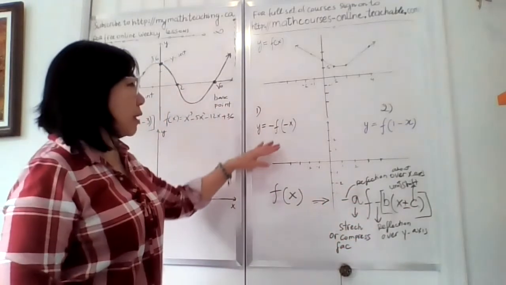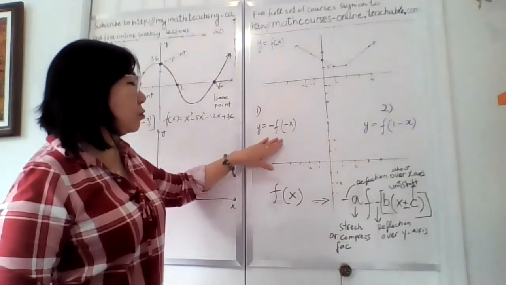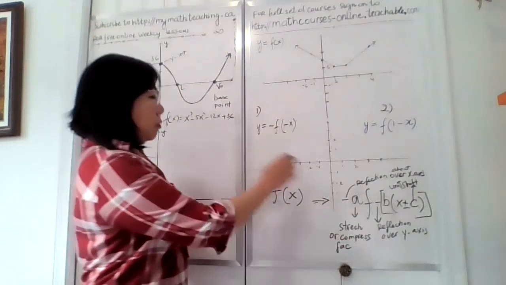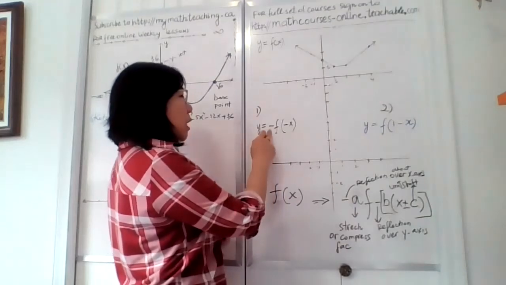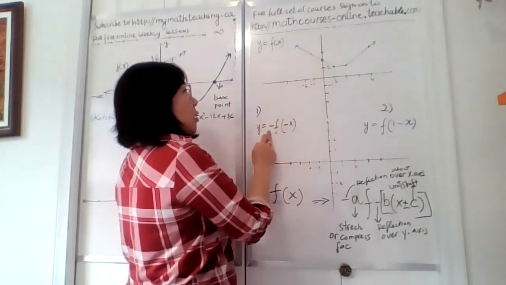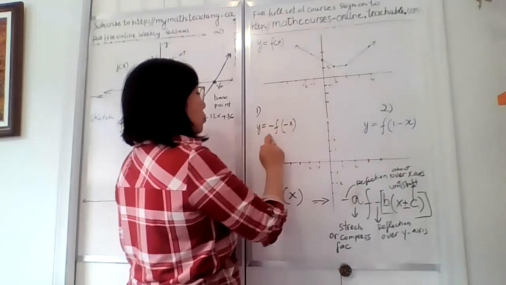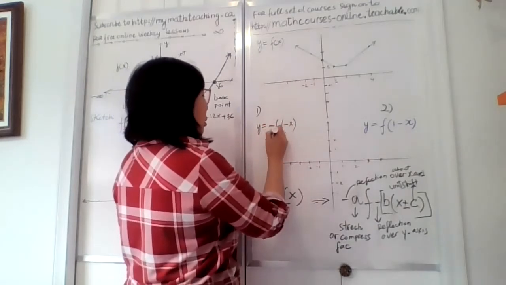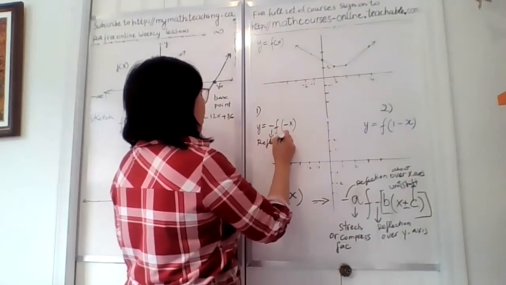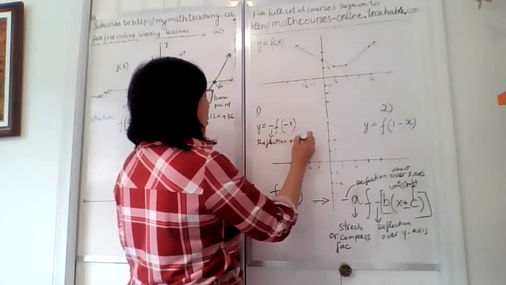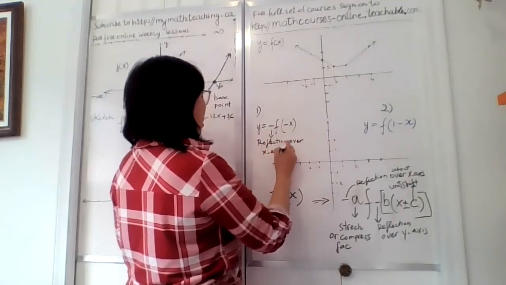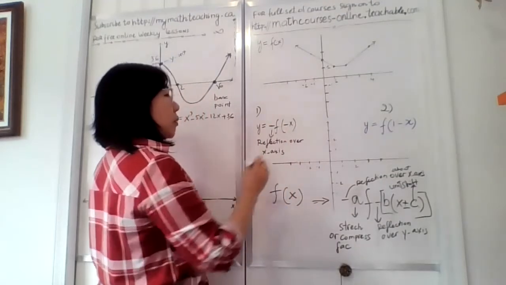Now I'm going to talk about how to identify this function right now. Based on this, we have to sketch this original function and change it from the original to the reflection over the x-axis, because we have a negative here.